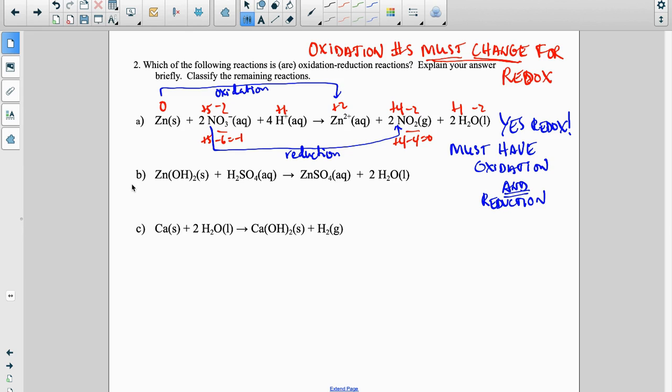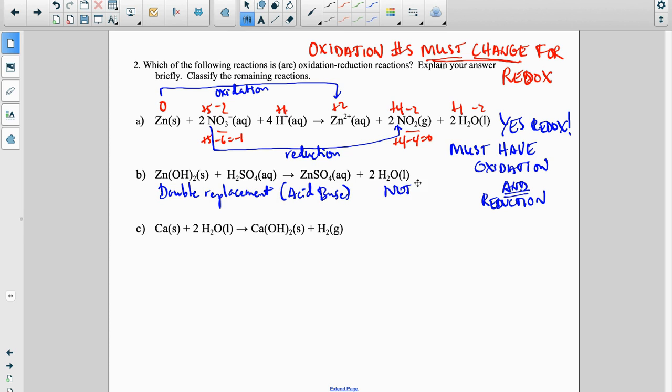All right, look at letter B. Well, I'm going to show you a quick and dirty way to figure out whether something is a redox or not. Well, if I look at this, this is a double replacement. How do I know this? Because I see that this is a base and an acid. Let me put that in parentheses, acid base.